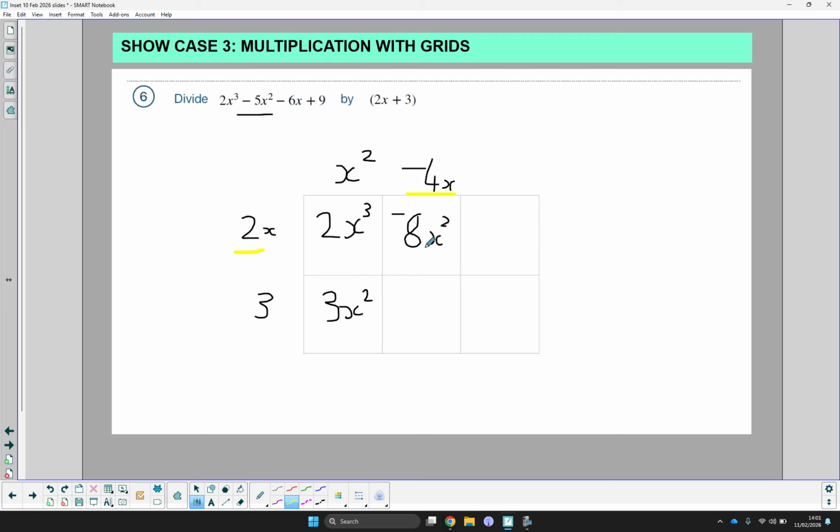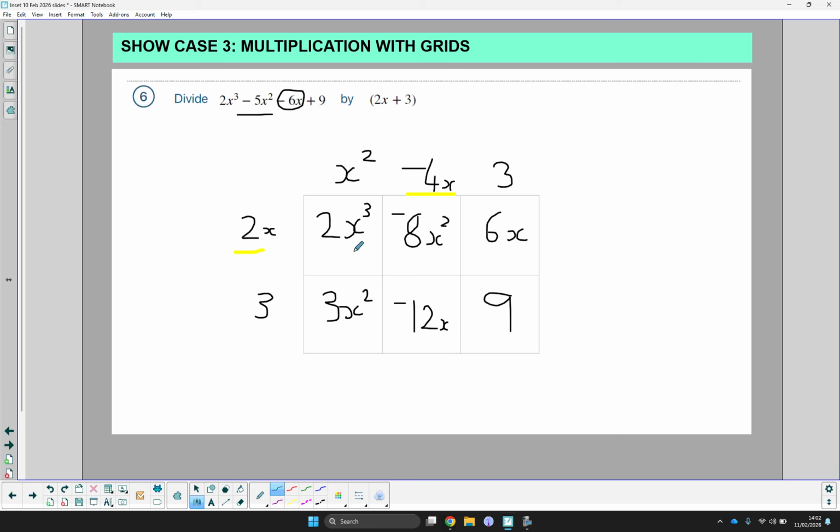What are the two factors I need for negative 8x squared? Now I've got the negative 4x. I know this needs to be negative 12x. But I don't want negative 12x. I want negative 6x. So I have to add 6 positive x's on. 2x times 3 gives me 6x. And then a little check at the end. 3 times 3 gives me 9.